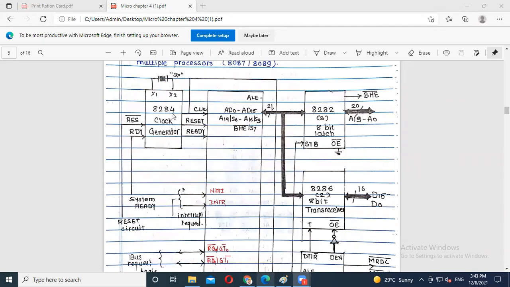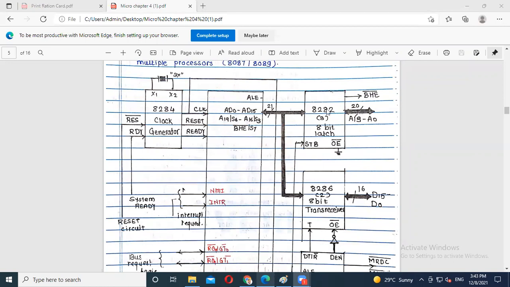Again, the 8284 clock generator is used for generating the clocks with the ready state of the data, using set and reset with the clocks of the X1 and X2 pins. You send the ready state with the reset of data and the clock CLK to the 8086 microprocessor, which has 16 bits of data lines and the bus high enable.